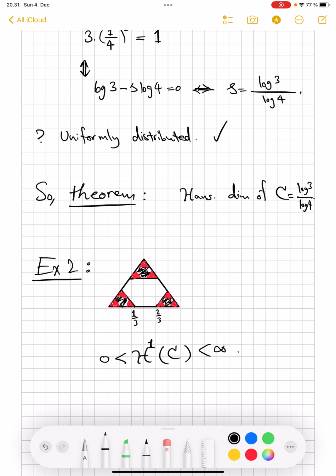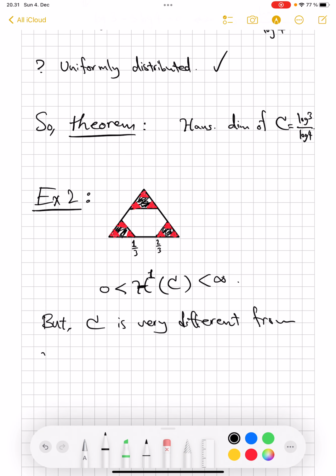So it's a one-dimensional set, but maybe it's intuitively obvious that C is very different from familiar one-dimensional sets, which are rectifiable curves.